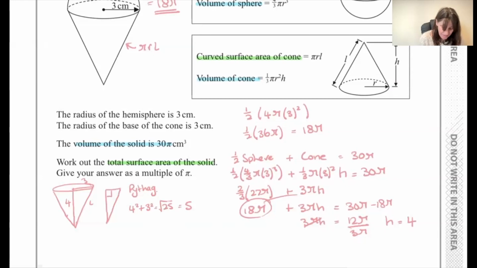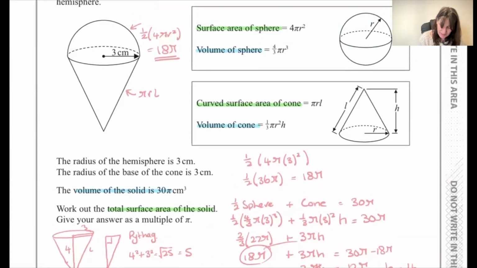Now that I have my value of L, I can go back to the surface area of the curve, which is pi r L. So pi times my radius times my L, and I've got 15 pi. So back up here, I've got 15 pi.